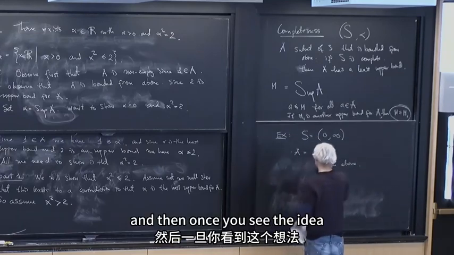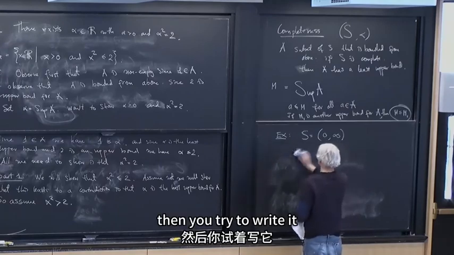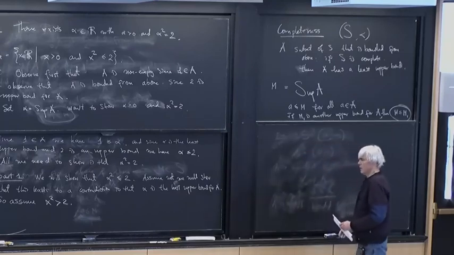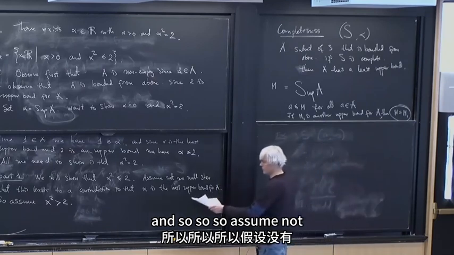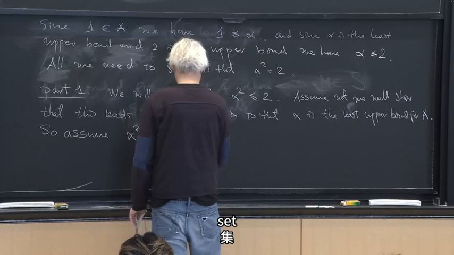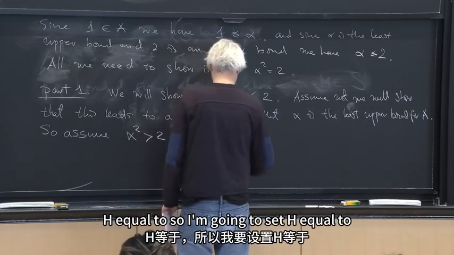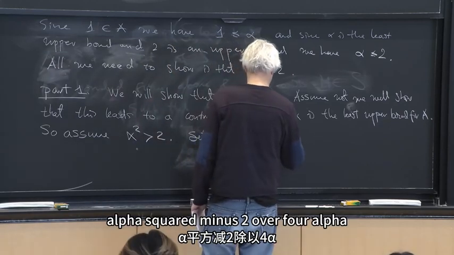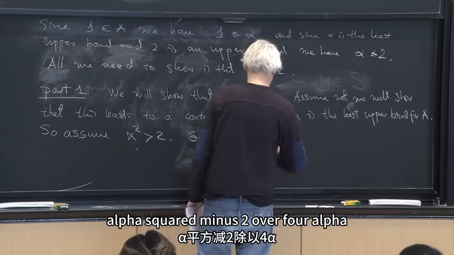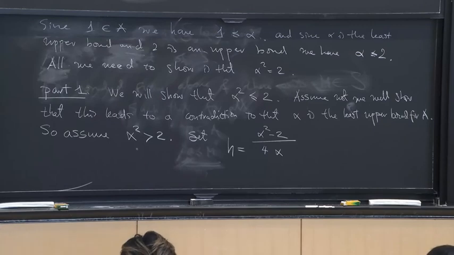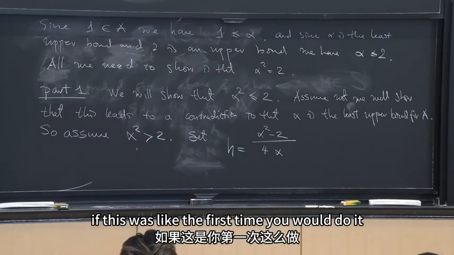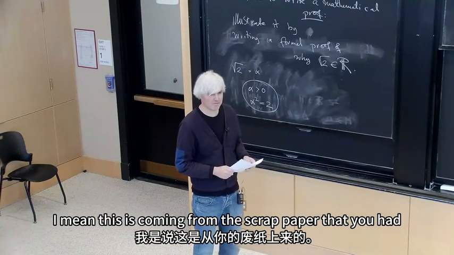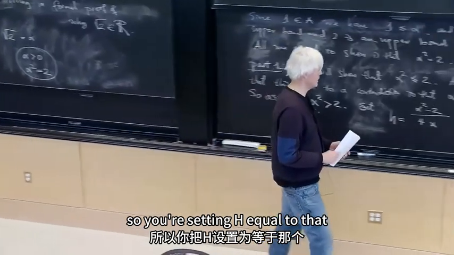And then once you see the idea, you try to write it as a formal proof, like what we do now. So assume not, set h equal to alpha squared minus 2 over 4 alpha. Obviously, if this was the first time you would do it, you wouldn't just come up with this sort of thing. This is coming from the scrap paper that you have. So you're setting h equal to that.